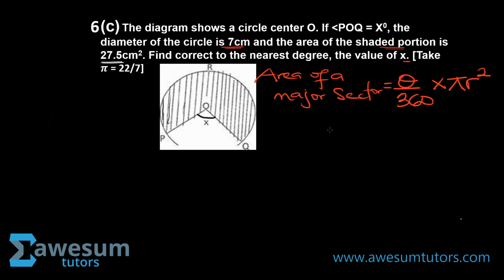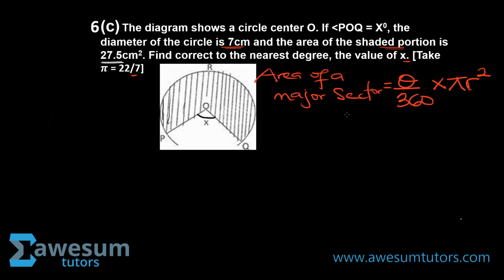Okay, very good. Where your pi is 22/7, your r is the radius, and theta is the angle at the center.